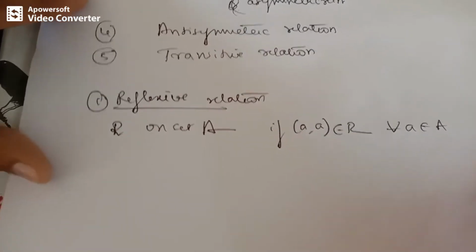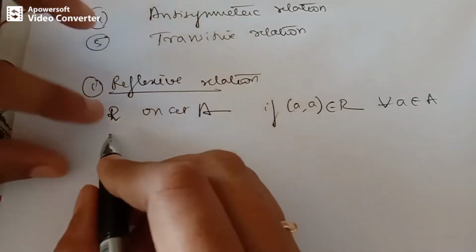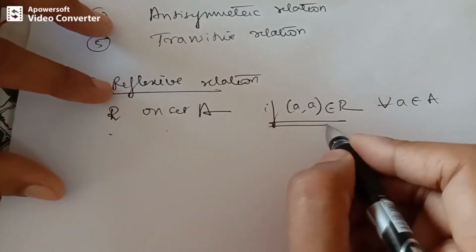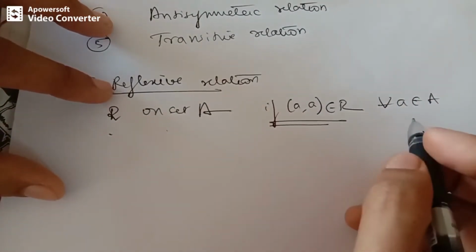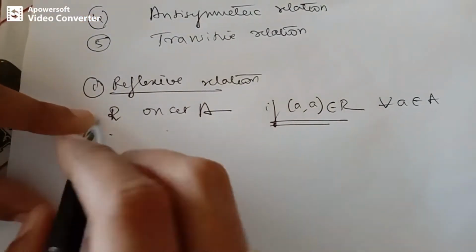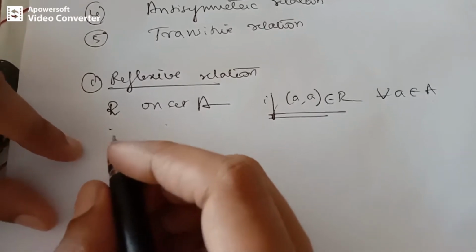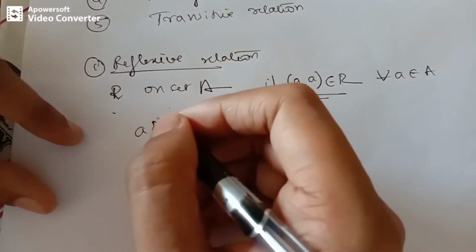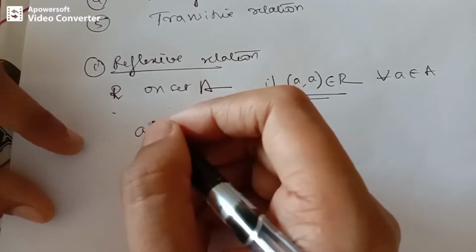So I will repeat. A relation R on the set A is said to be reflexive if the ordered pair (a, a) belongs to R for every a in that set A. Or we can say that a is related to itself by R.